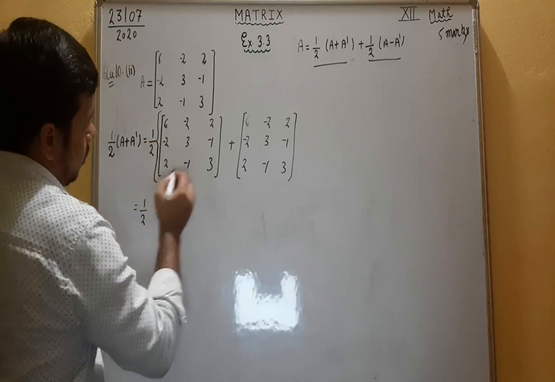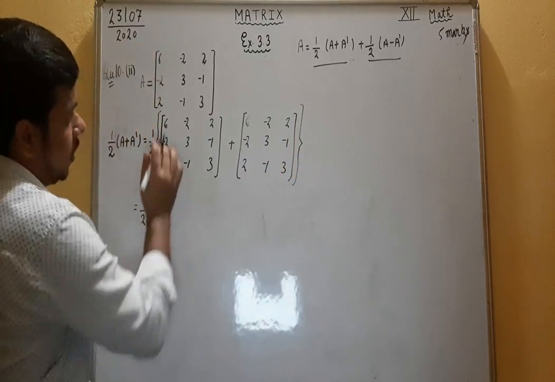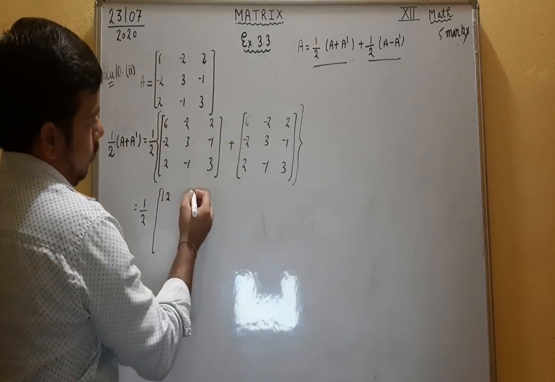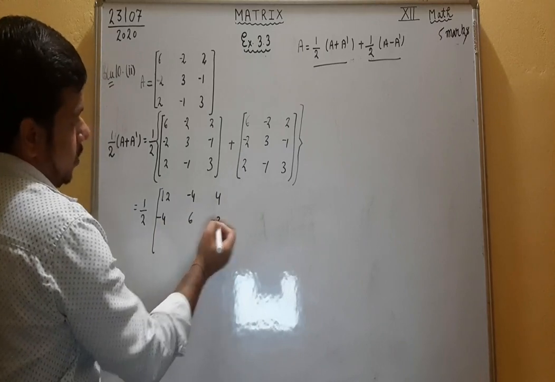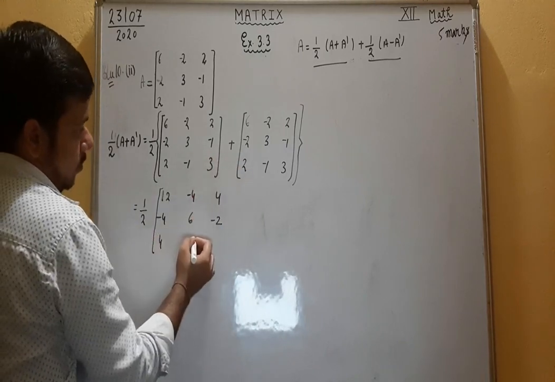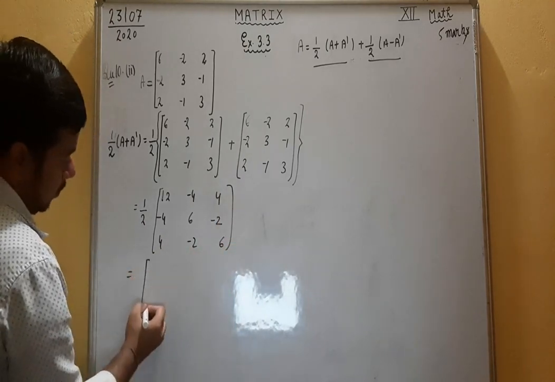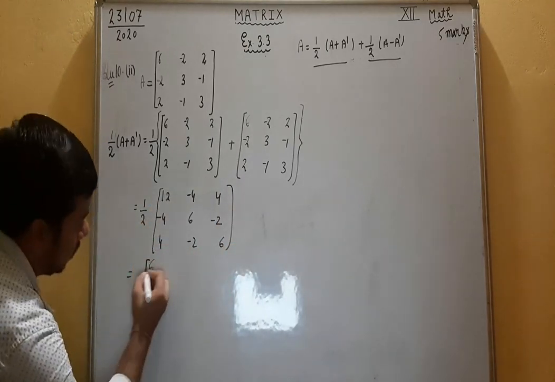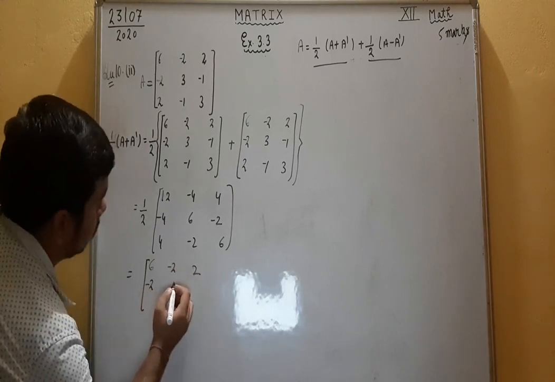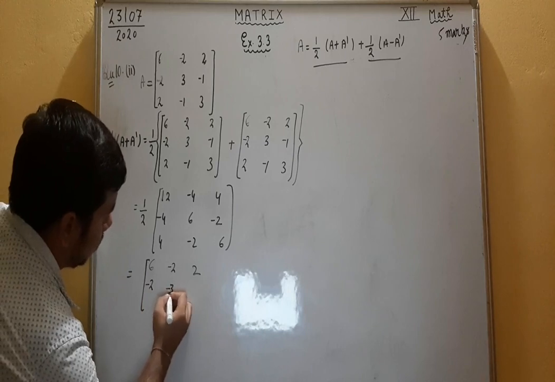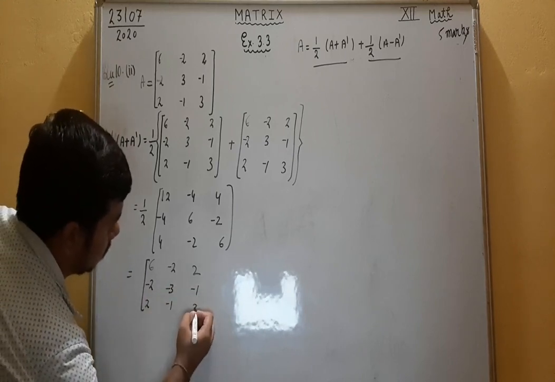Take this bracket, half 6 6 12 minus 4 4 minus 4 6 minus 2 2 2 4 minus 1 minus 2 3 3 6, right? Simply multiply: 6 minus 2 2 minus 2, minus 3 minus 1 2 minus 1 3.